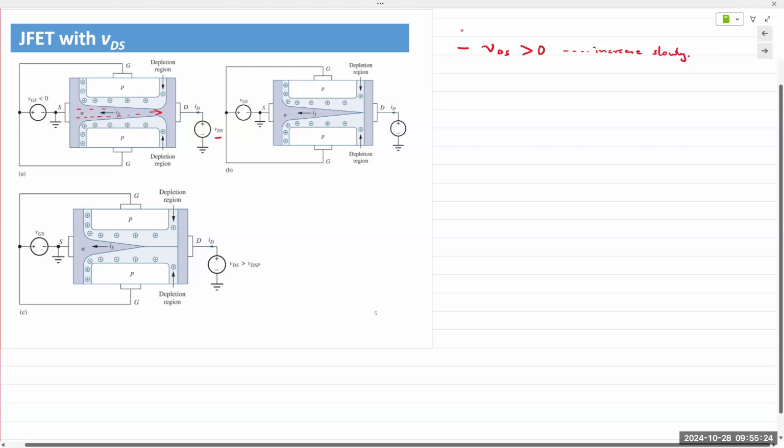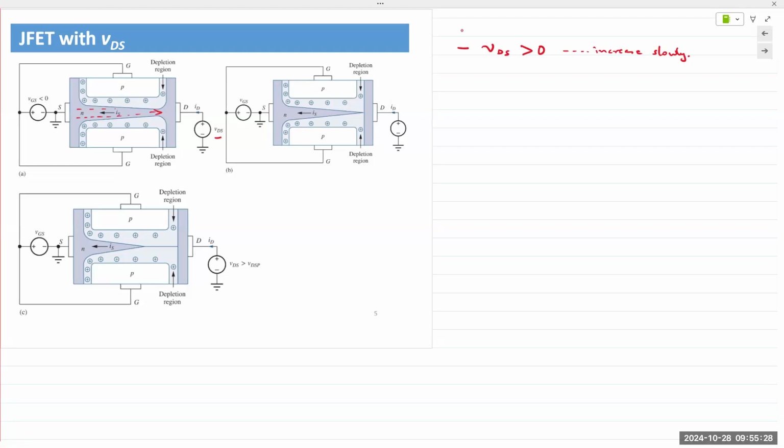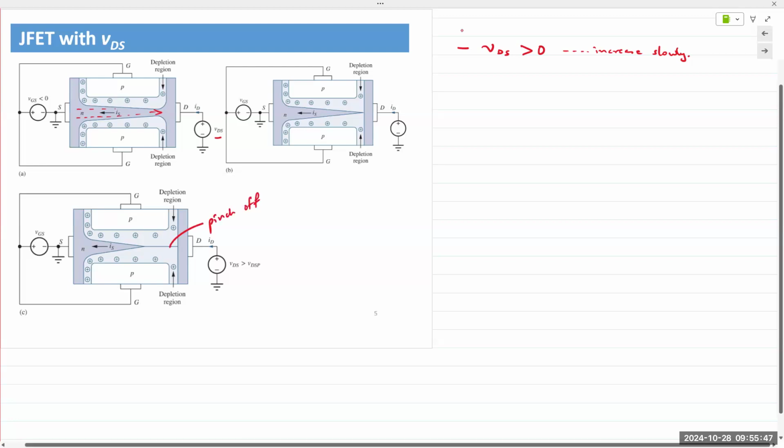But for every level of VDS that we apply, there is a separate pinch-off voltage. All right, any questions? Yes. So this is pinch off, and so is this. Both of them are pinched off.